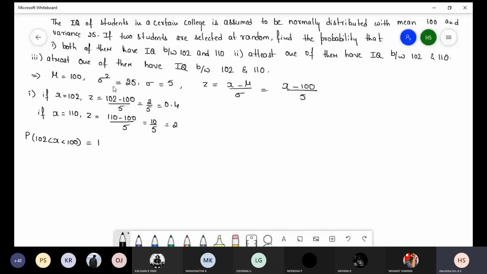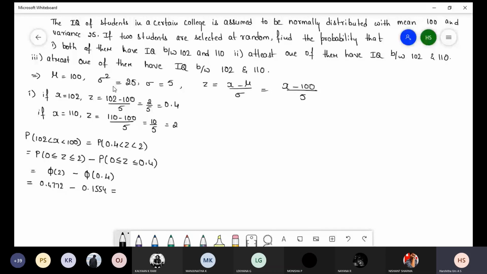So first one, P of 102 less than x less than 110 is equal to P of 0.4 less than z less than 2. So we can write P of 0 less than or equal to z less than or equal to 2 minus P of 0 less than or equal to z less than or equal to 0.4. So phi of 2 minus phi of 0.4. 0.4772 minus 0.1554 is 0.3218.